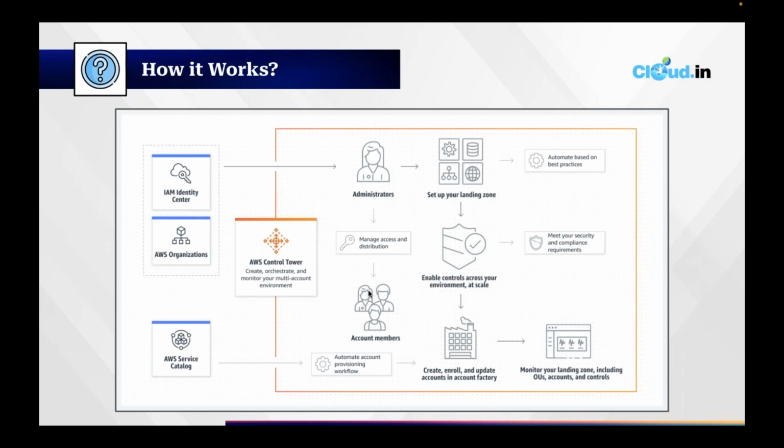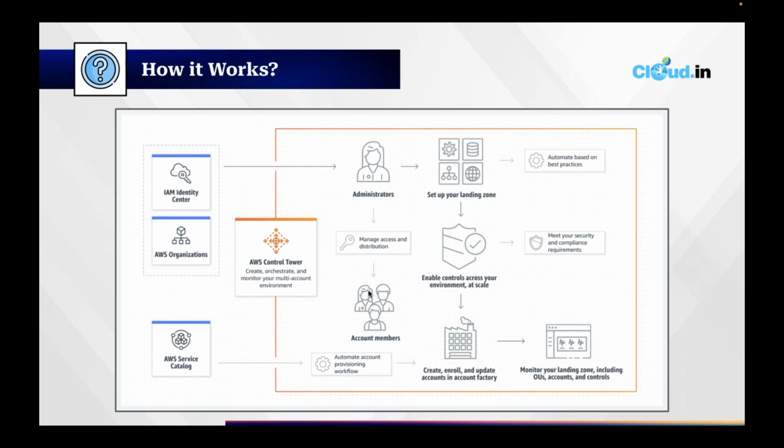Next, we have the guardrails. A guardrail is a high-level rule that provides ongoing governance for your overall AWS environment. It's expressed in plain language, and there are basically three kinds of controls in guardrails: a preventive, a detective, and a proactive guardrail that you can apply to your organization units.